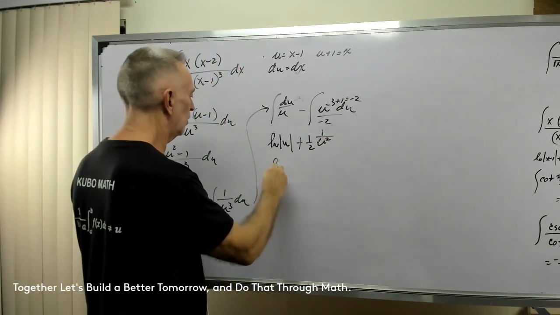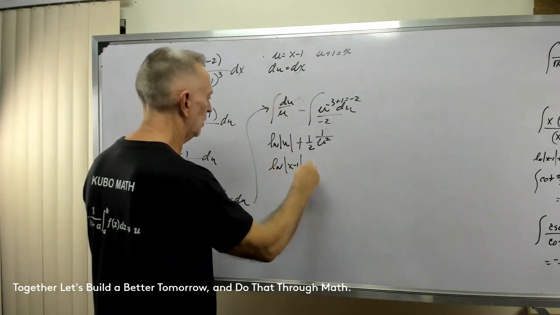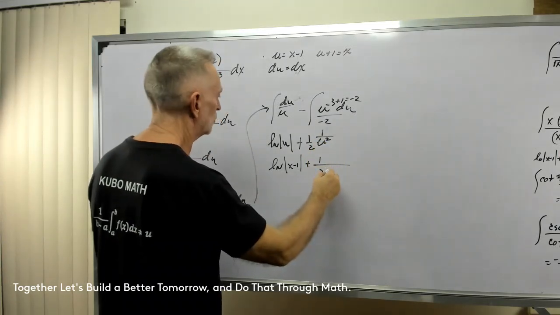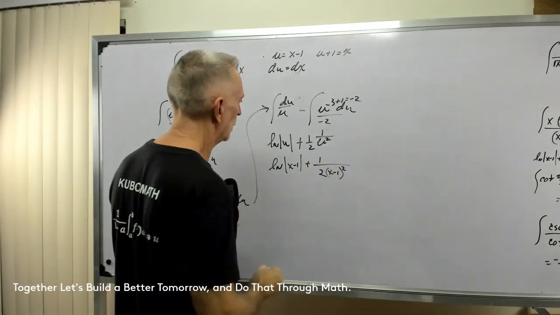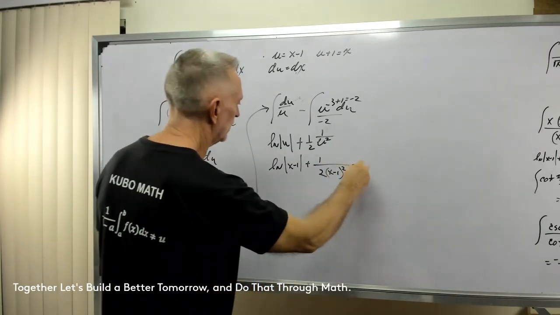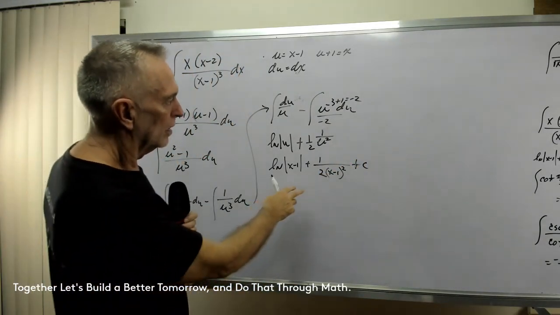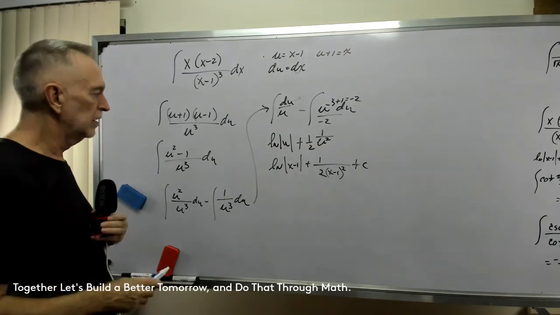Alright, so natural log of u is natural log of x minus 1, plus 1 over 2 times x minus 1 squared, plus c. Let's see if we got that one right. Hey, right again.